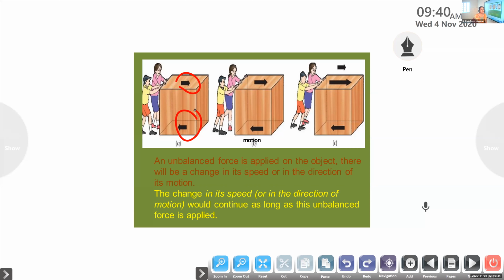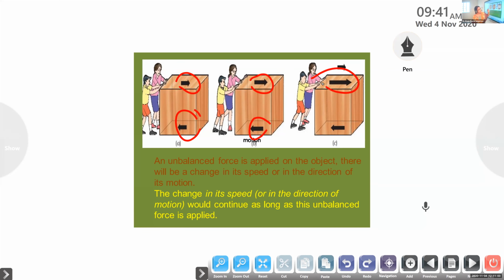Both arrow sizes are the same. Now look at the second picture. In the second picture, the first arrow, the pushing force, is a little more increased, but still the object is not moving because of the frictional force.